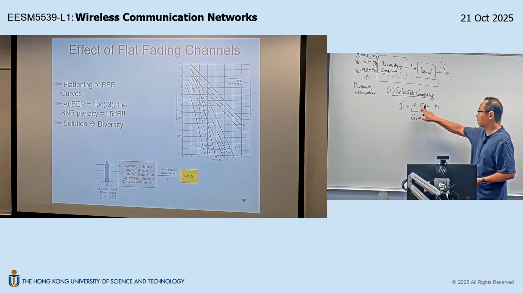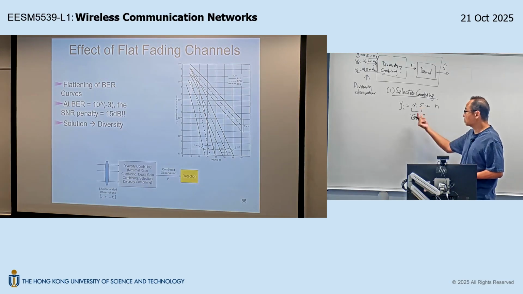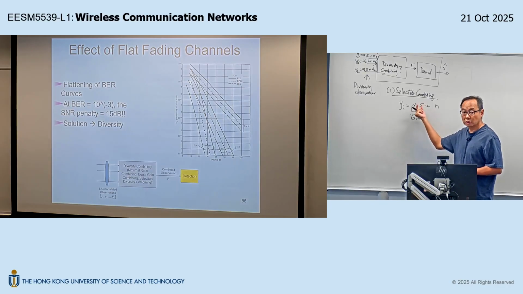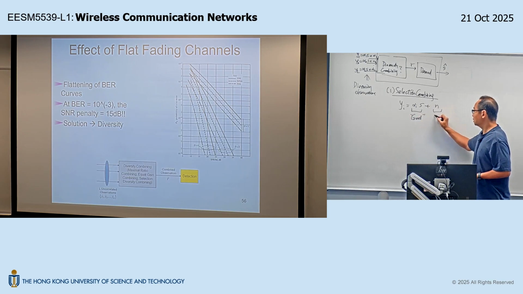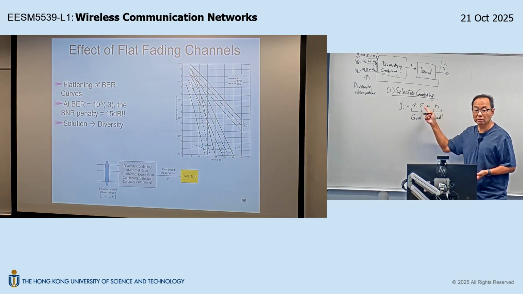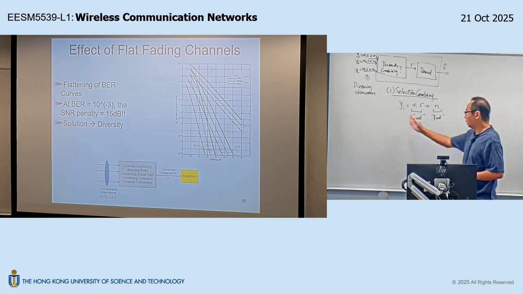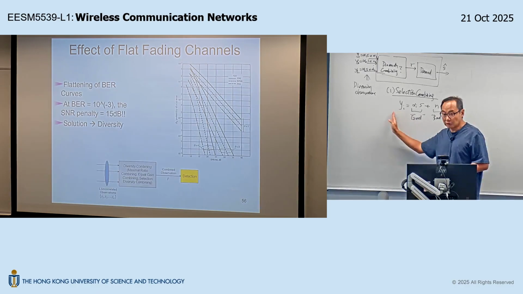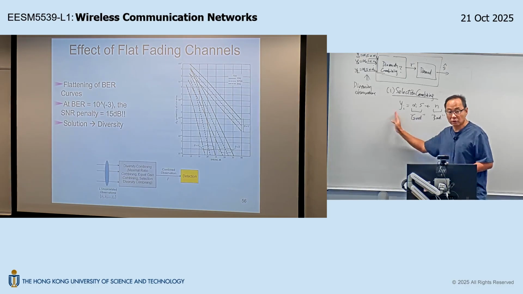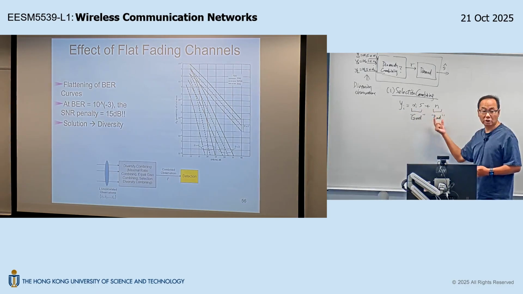I'm interested in detecting the transmitted symbol. So this term is related to the symbol that I want to detect, so this is a good term. This term is a bad term because it's noise. The noise has nothing to do with the transmitted symbol. Therefore, the reliability of an observation depends on the ratio between the good term and the bad term.